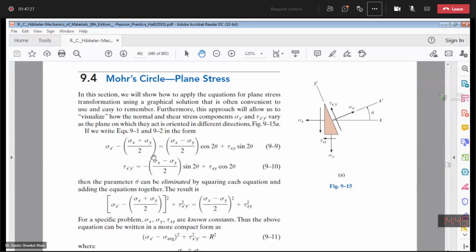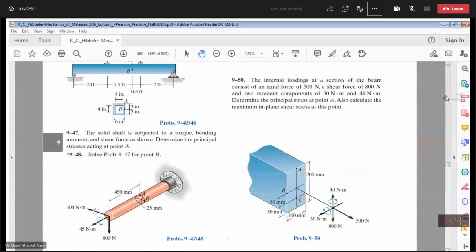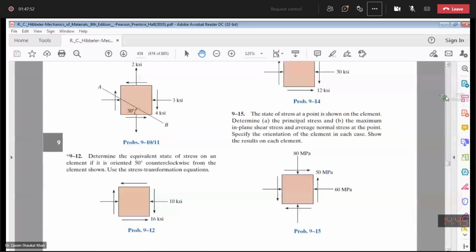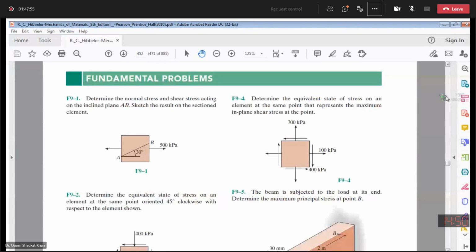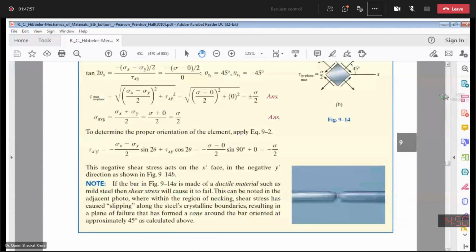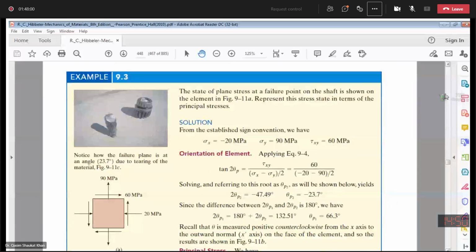And once you add the squares of these two quantities, you will get this answer: sigma x minus sigma y over 2 squared plus tau xy squared. You get it? And if you closely see this, this is actually your resultant. So this is over resultant.